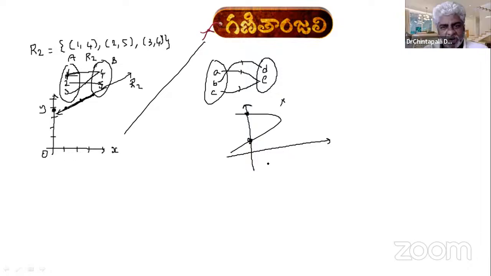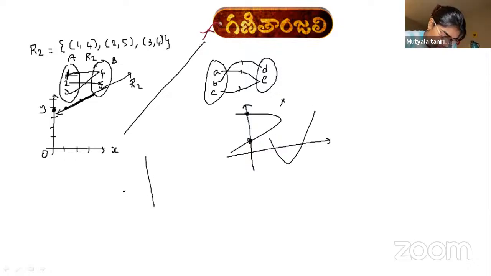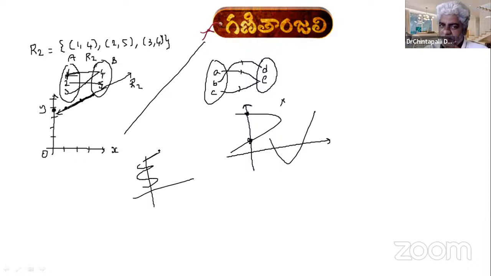If a function crosses the x-axis twice, it's not a problem. If it crosses the y-axis more than once, that means it is not a function. Why?